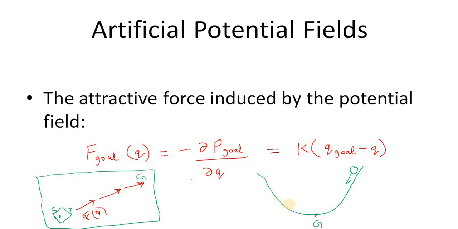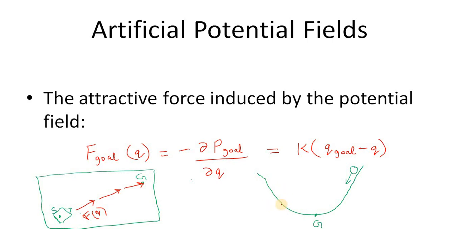Using a mathematical function or a mathematical potential field that looks like a quadratic function. We use this quadratic function because it has one minimum point, okay, that is at 0, and it's also easy to take a derivative of it.